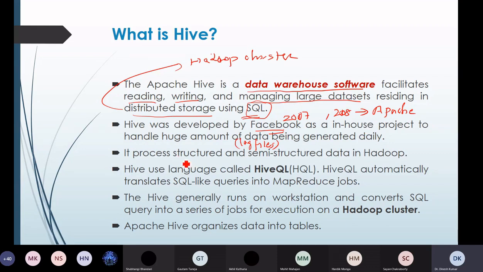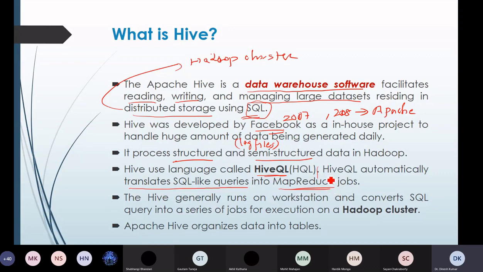Right? So it can process structured as well as semi-structured data, because that is the basic foundation of big data, that data can be in any form. Hive uses a language called HiveQL, a query language, which automatically translates SQL-like queries into MapReduce.